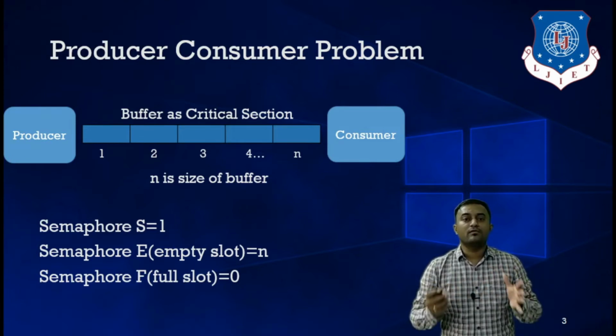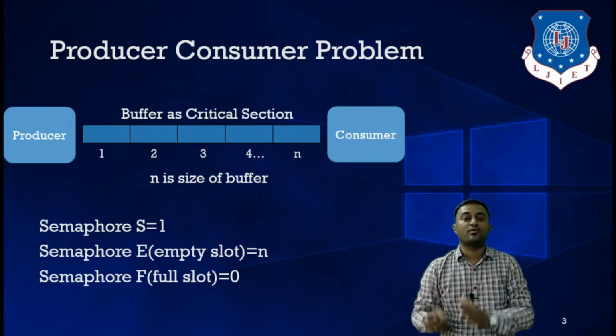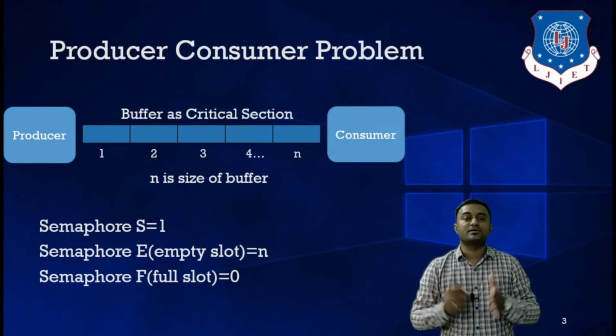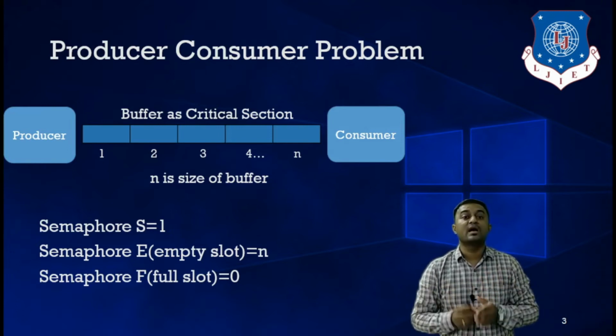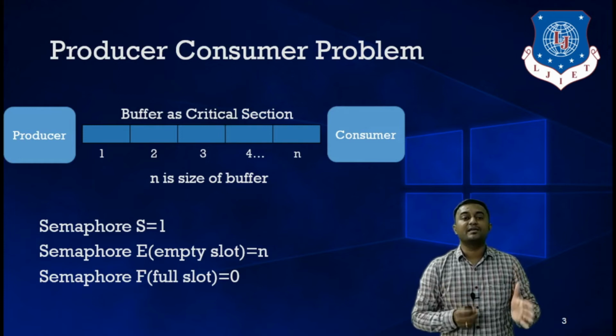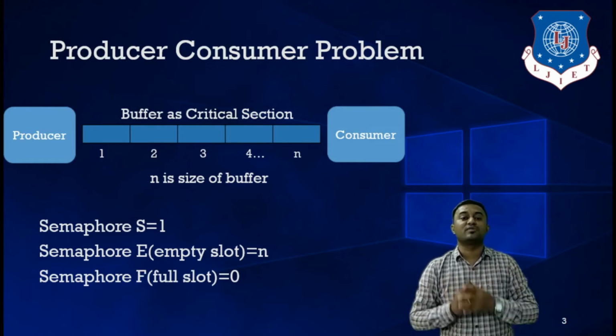So when we have the underflow condition, the consumer cannot perform a task. In the same way, when we have the overflow condition, it means all the cells are occupied. In that case, the producer cannot produce something.